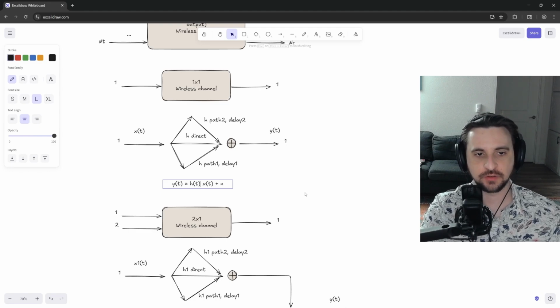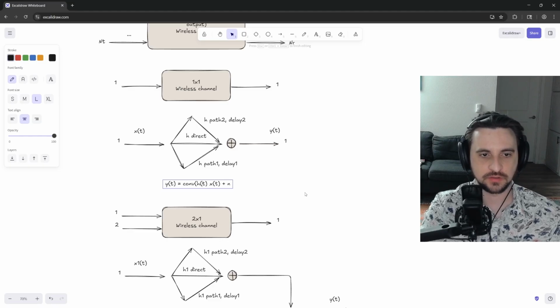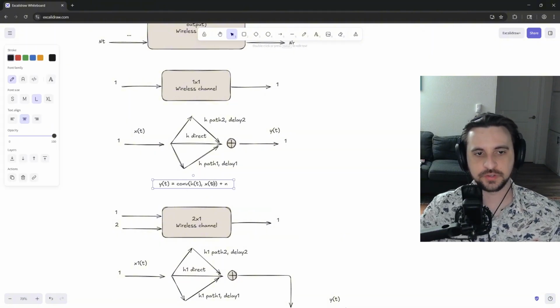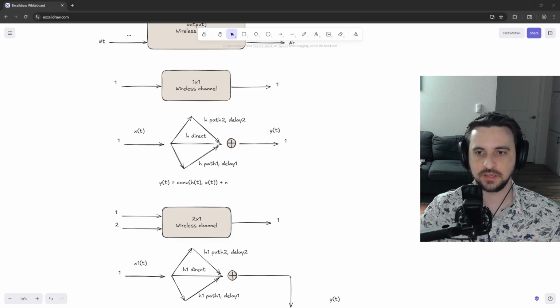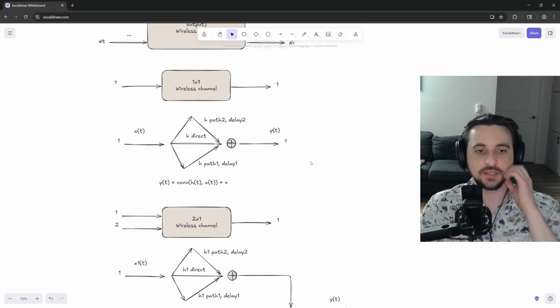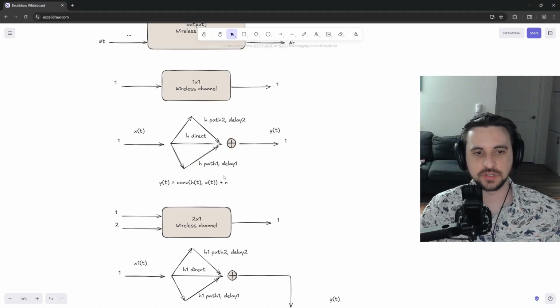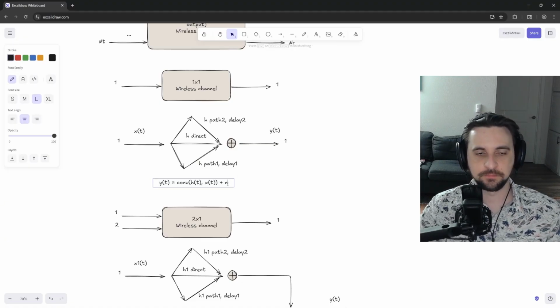Let me think here a bit. So it's convolution between H(t), X(t), because there are delays. So if you know what a convolution is, it's basically an echo of a signal. It's basically this picture, right? Okay, let's write this down better.